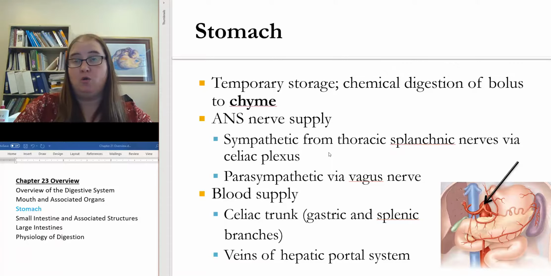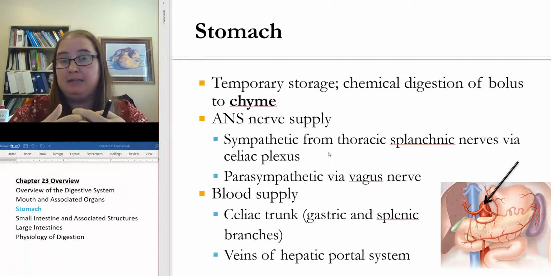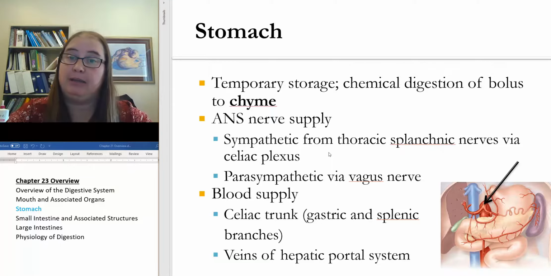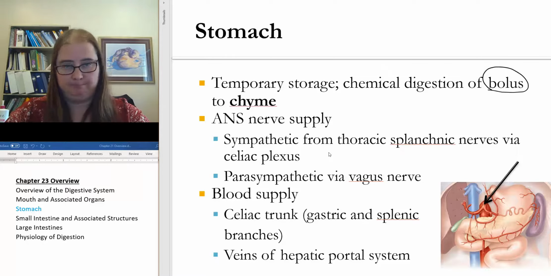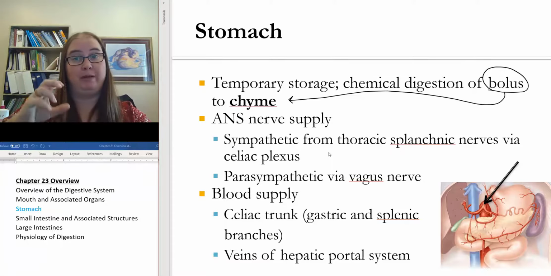The organization of the muscularis layer in the stomach allows it to have some mechanical breakdown, but we often associate the stomach with its ability to carry out chemical digestion. Now, that bolus that's just entered the stomach gets converted into another substance known as chyme. So the bolus enters the stomach, but what leaves the stomach is not a bolus, it is chyme.